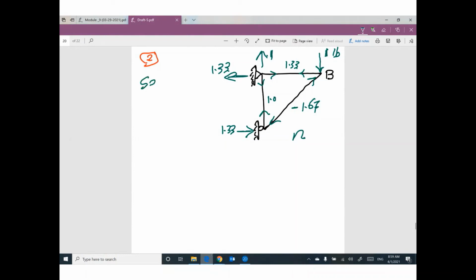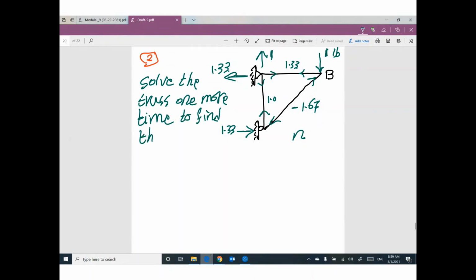So solve the truss one more time to find the internal forces in each member. I did it in my mind.